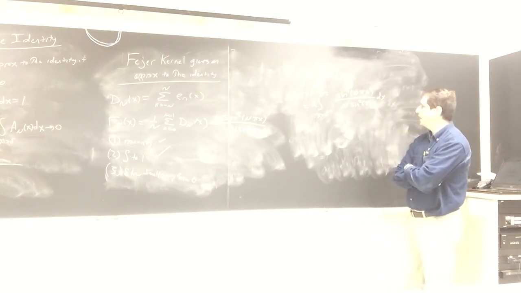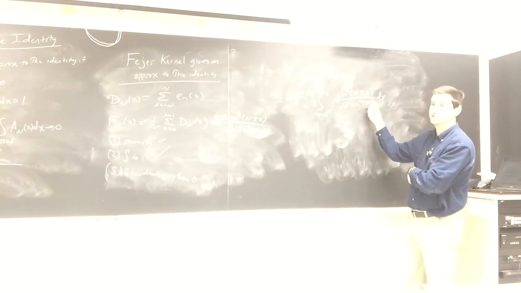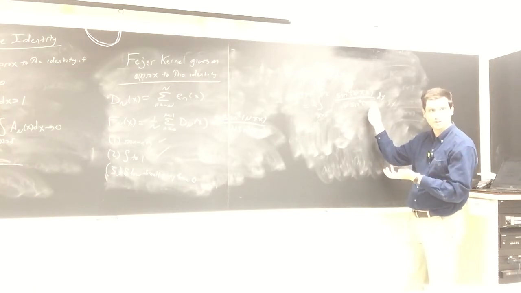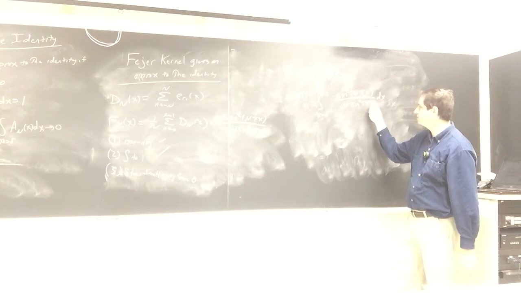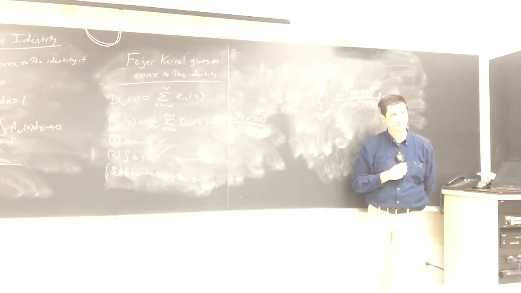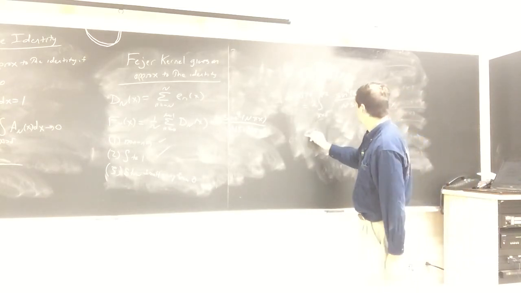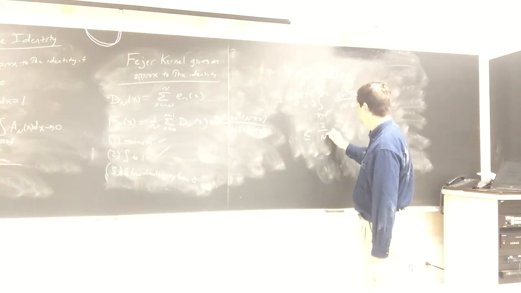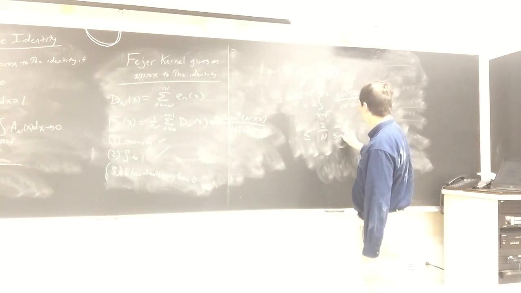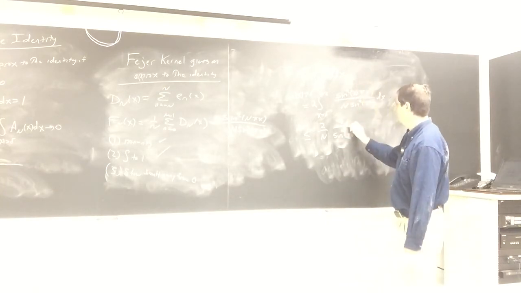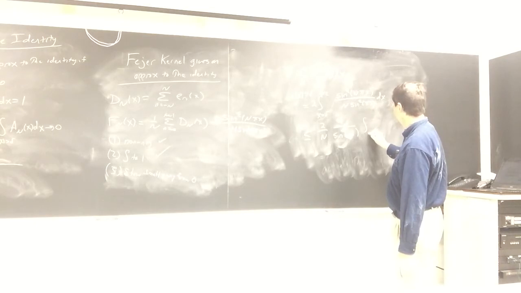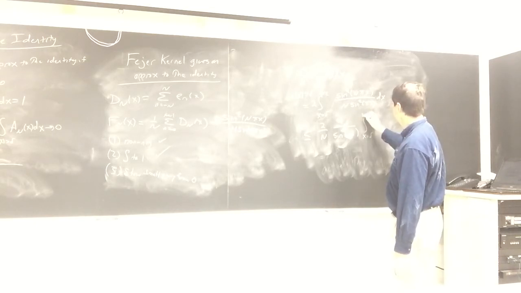Okay, now let's look at the bottom. As x goes all the way up to 1/2, this becomes the sine of pi halves, which goes to 1. So the worst case for us is when x equals delta, right? So this will be less than or equal to 2 over N, 1 over sine squared pi delta. And now we have the integral from x equals delta to 1/2 of sine squared N pi x dx.